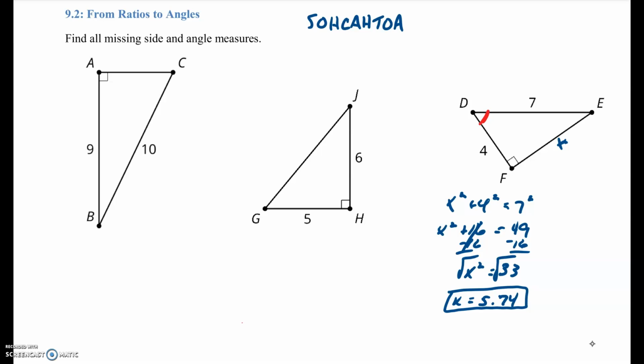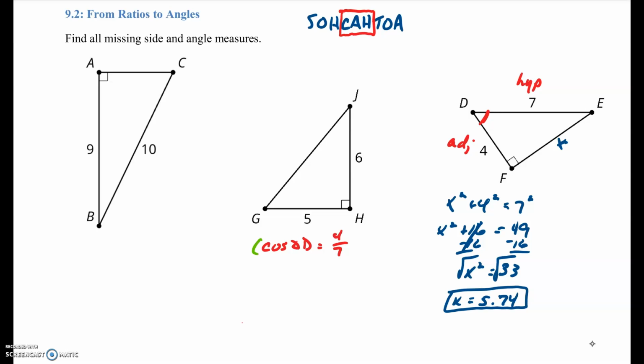So I notice if this is my angle D, this is the adjacent leg, and DE is, of course, the hypotenuse. So then I look up at SOHCAHTOA, which one puts adjacent and hypotenuse together. Well, it's cosine. So then I know that the cosine of angle D is equal to the length of the side adjacent, 4, divided by the length of the hypotenuse.